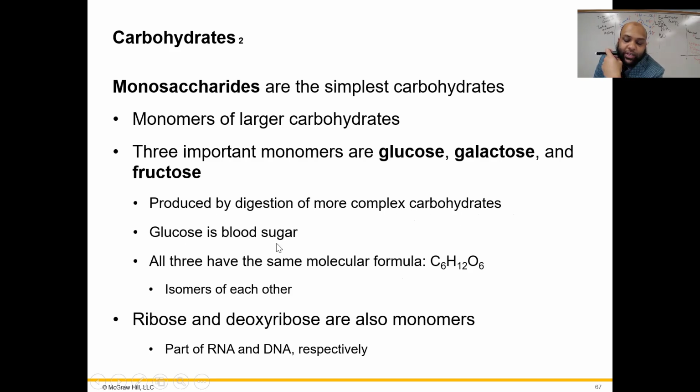So glucose is the blood sugar, and now we're going to learn why these sugars are important. They are important as a source of energy. Functionally, they store energy. You break down sugars to get ATP, but we also use sugars in the backbone of our DNA. Our DNA has a nitrogenous base, a phosphate group, and also a sugar.